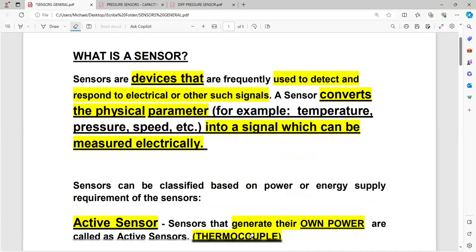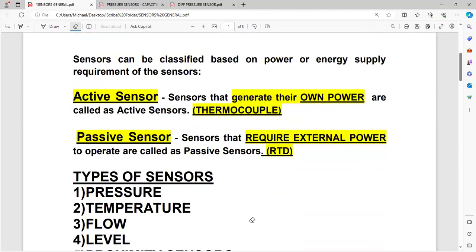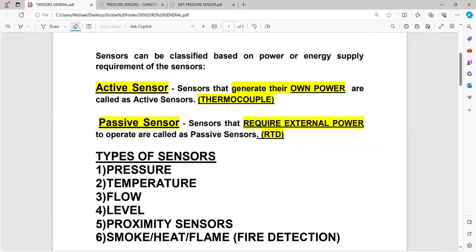Further, everybody knows that sensors are called either active sensor or passive sensor. An active sensor is a sensor that can develop its own power and work using that power. It does not require an external source of power such as 24 volts, 30 volts DC, whatever.